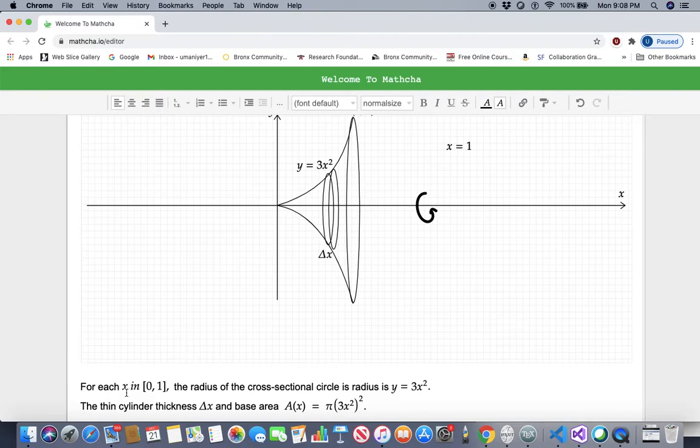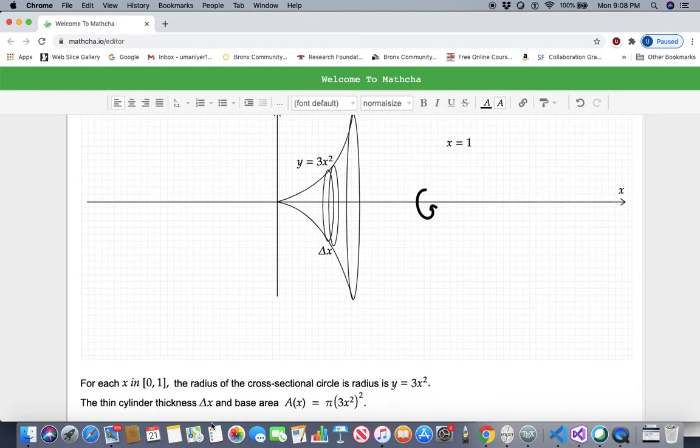For each x in the interval 0 to 1, the radius of the cross-sectional circle is the y-coordinate, which is 3x squared. So the thin cylinder here has thickness delta x and base area.